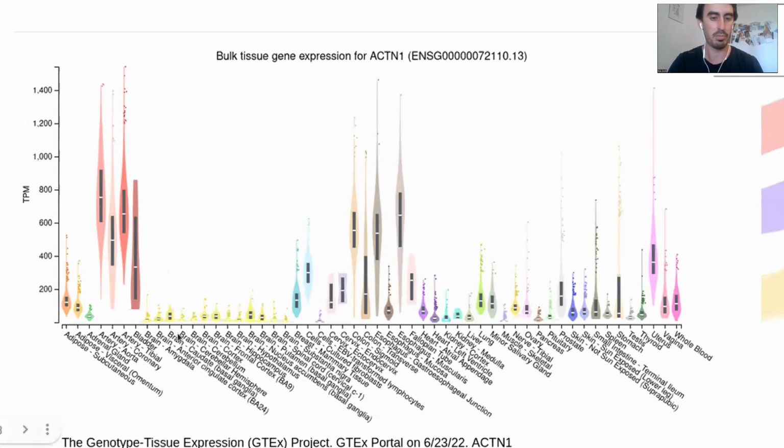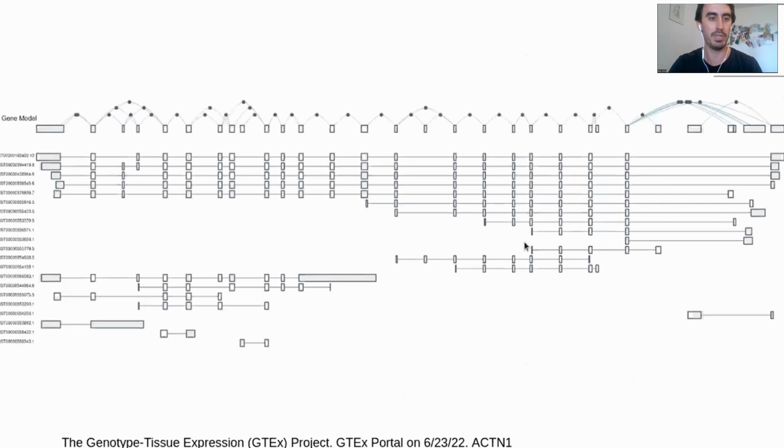We can see that our brain cells here in yellow have a drastically different usage from our artery and bladder cells here. And that's a good thing. I'm very happy that my brain and bladder do different things and that they're using the same gene in different ways.